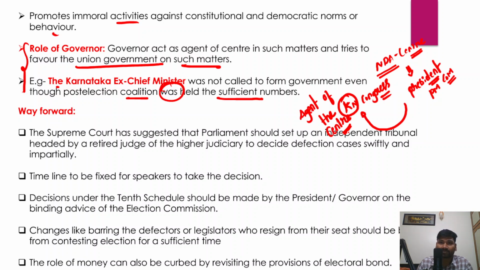So, fulfilling the wishes, aspirations of the central government or the political party which has been ruling at the center. Now, in these cases, generally what happens is that governor has situational discretion and also constitutional discretion.